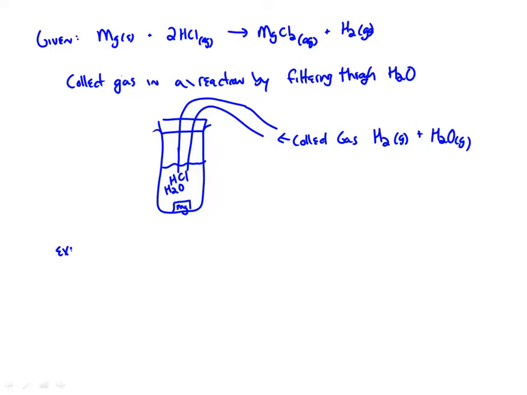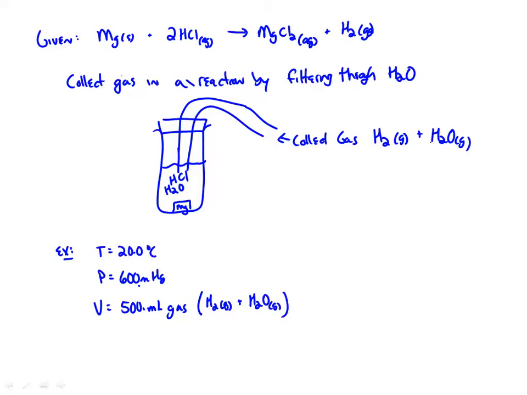So for example, if I did the reaction at 20 degrees Celsius and the pressure of the atmosphere was 600 millimeters of mercury, and I collected a volume of 500 milliliters of gas, and remember that's H2 gas plus H2O gas, because we're doing the whole reaction in water, and water has its own vapor pressure at any given temperature, we would want to calculate how many moles of magnesium reacted.